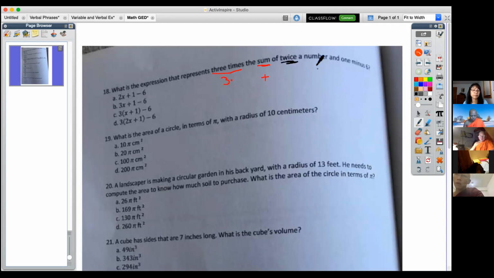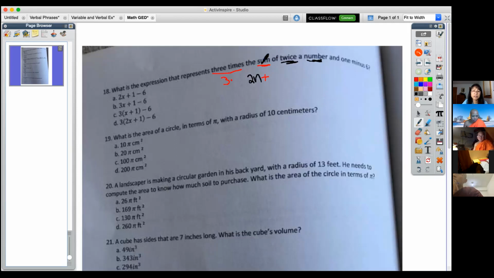Twice means multiply by 2, because twice of 2 is 4, twice of 3 is 6, twice of 4 is 8. So the sum of twice a number, and remember when we see a number, it's a variable. So it's gonna be 2n, okay?